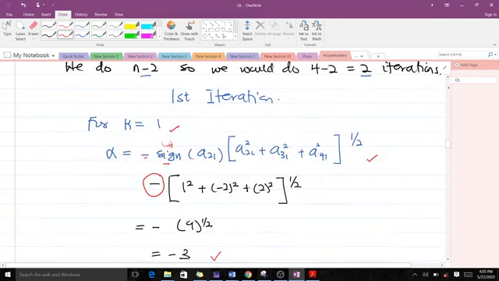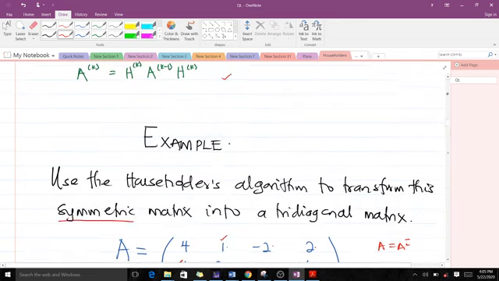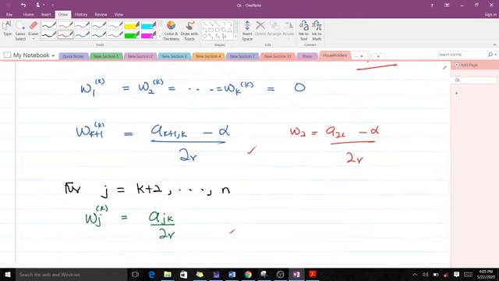You are supposed to compute our w3 too. So to compute our w3, realize that from the algorithm we have j equals k plus 2 up to n. So k is 1, that means j equals 3 up to n. Here n is 4. So from 3 to 4, our wj will be equal to ajk over 2r. That means w3 will be equal to a31 over 2r, and w4 will be equal to a41 over 2r.